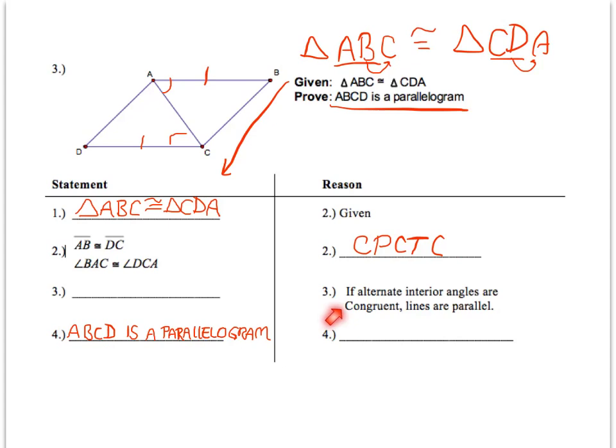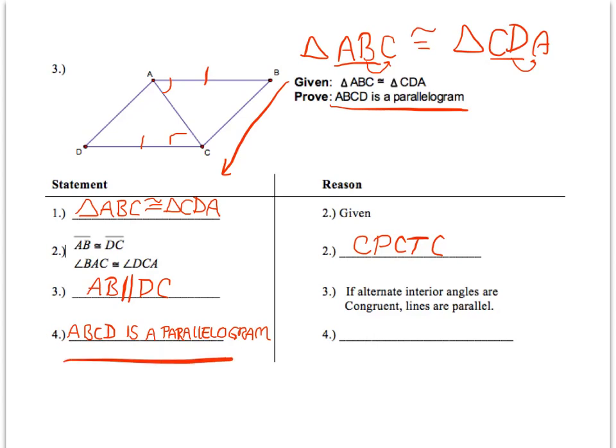In step 3, they've already got the reason filled out: if alternate interior angles are congruent, lines are parallel. So we have that these two angles are alternate interior angles. So the lines that are parallel would be line AB and DC. So in step 3, I write AB parallel to DC.